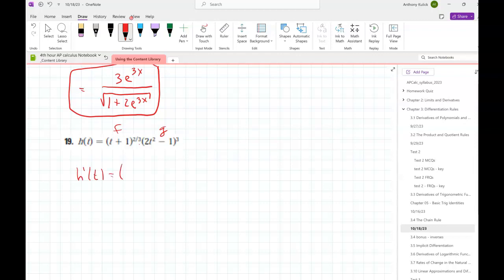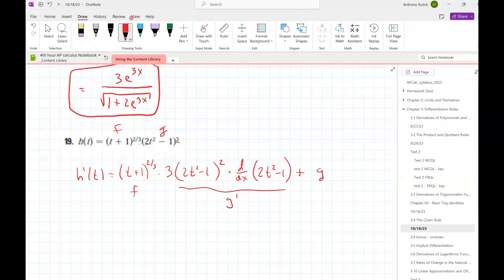So I'll do f times the derivative of g. And doing the derivative of g requires a chain rule, right? The outer function there is x cubed, and the inside will stay the same, and then times the derivative of the insides. Then this is f times g prime. Then we'll have g.